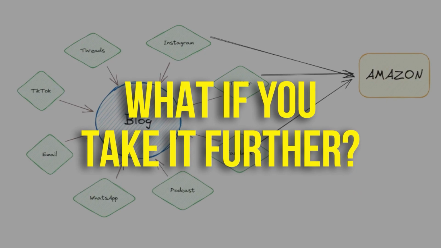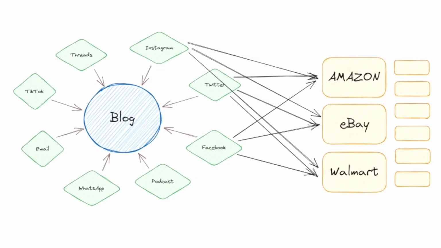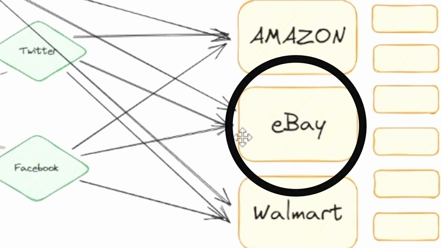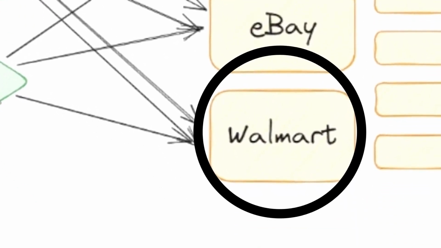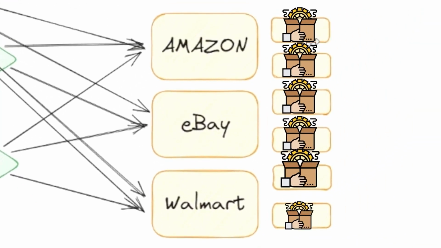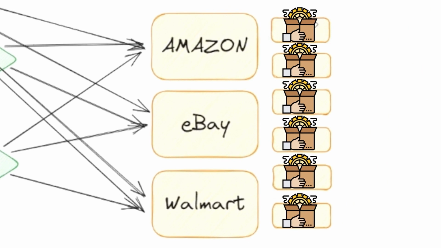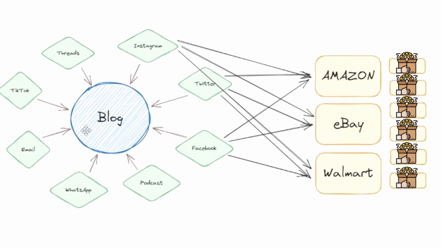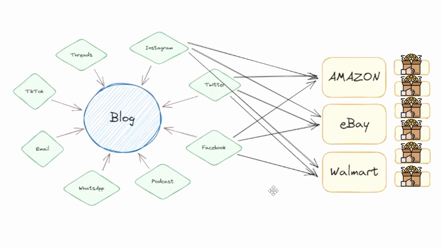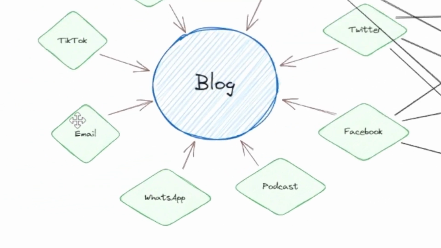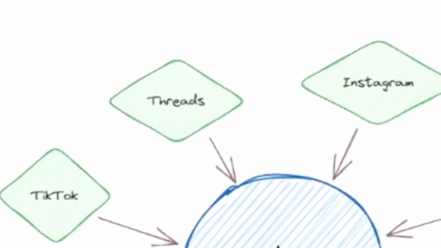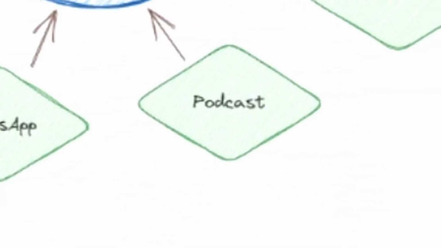But then what if you take it further? What if you still don't have a blog, but you're introducing eBay now, and then maybe some stuff on Walmart, and then maybe some products every now and then on Commission Junction or on Target or one of these other places. There are so many different places, and that's without even having a blog, and without utilizing email marketing, TikTok, Threads, WhatsApp, or starting your own podcast.